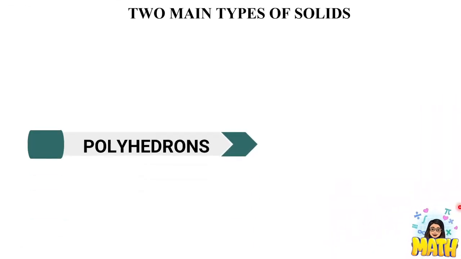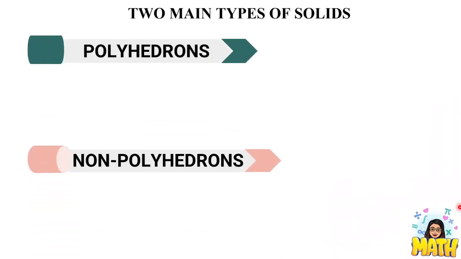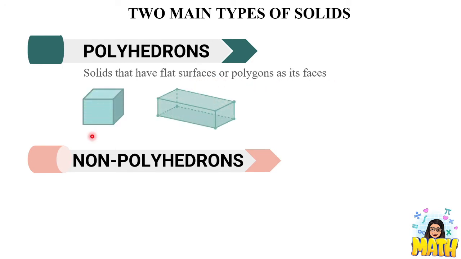Solids are basically classified into two main types, polyhedrons and non-polyhedrons. When we say polyhedrons, these are solids that have flat surfaces or polygons as their faces, just like the cube, prisms, and pyramids. As we can see here, lahat ng mga faces nila ay polygon in shape.